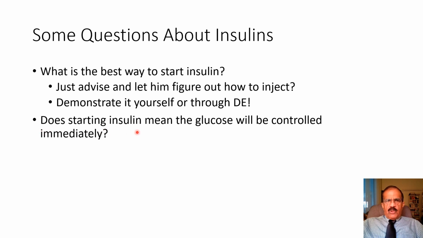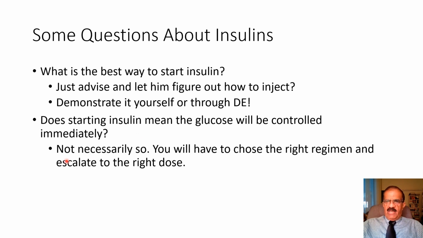Does starting insulin mean the glucose will be controlled immediately? Because you have been making a case for insulin and the patient was reluctant, and now that insulin has been started, the patient would expect that sugar will be controlled immediately. Is that right? Not necessarily so.